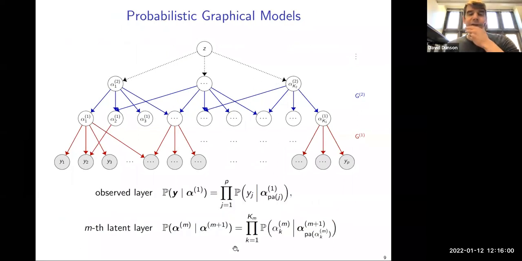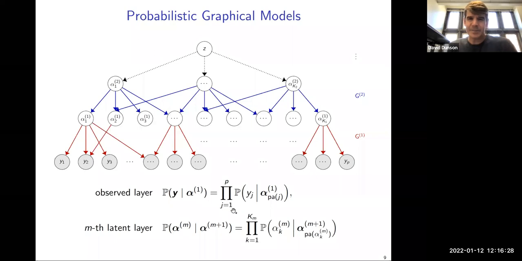Okay, so what are the other ingredients to the model? We have this whole Bayesian pyramid, and then we need to describe the distributions of the data and the latent variables. On the observed data layer, given the graphical structure, we just need to describe the distribution of the y's given the alphas, where alpha superscript 1 is one layer deep.